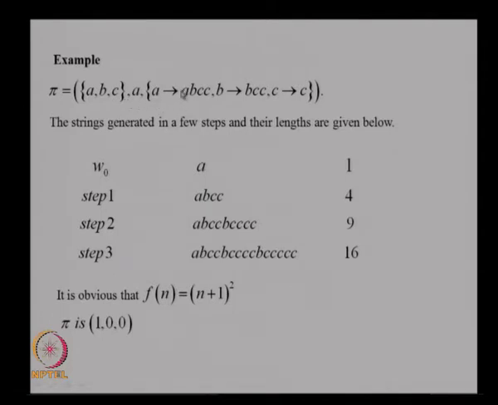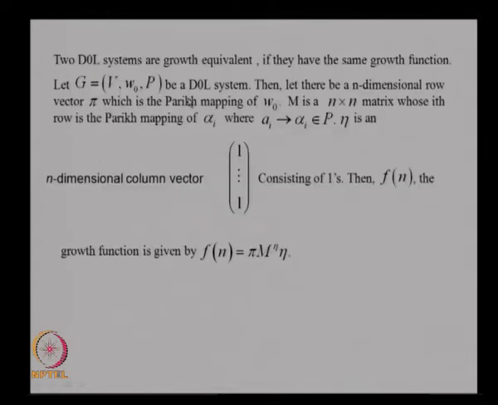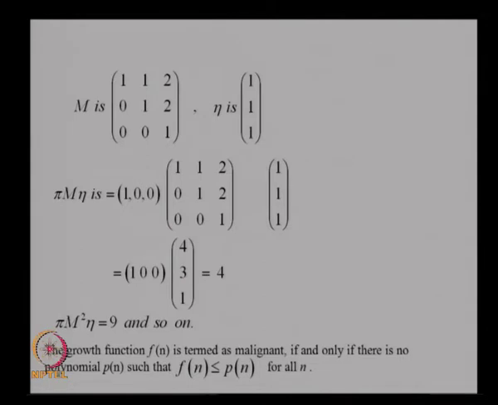So, if you look at the right hand side for the rule for A, the number of A's on the right hand side is 1, number of B's is 1, number of C's is 2. The Parikh mapping will be 1, 1, 2, and that is the first row.